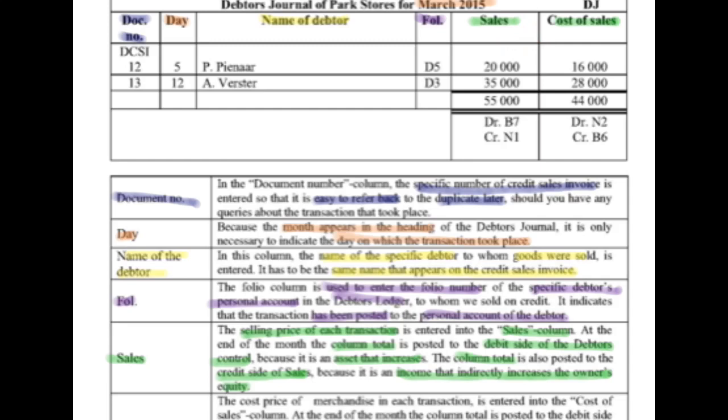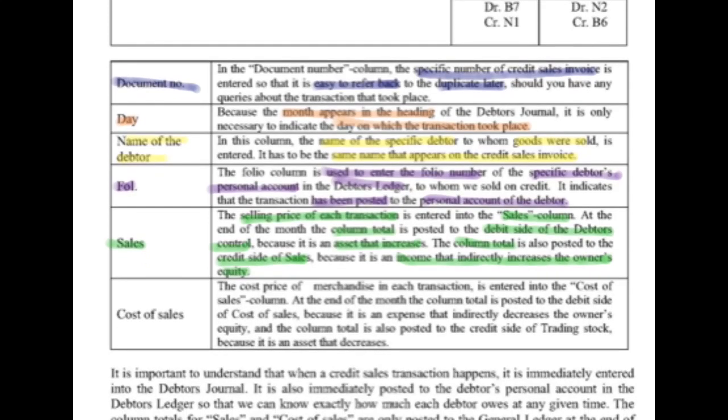Our final column is then the cost of sales. Cost of sales is the cost price of the merchandise in each transaction, and it is entered into the cost of sales column. At the end of the month, this column total is posted to the debit side of cost of sales, because cost of sales is an expense that indirectly decreases the owner's equity.